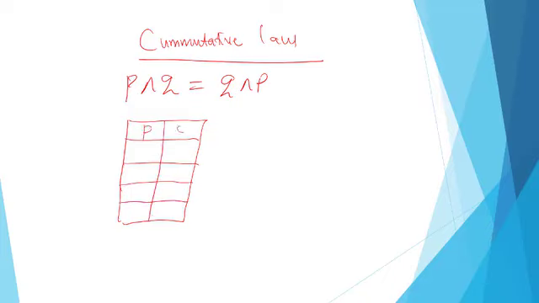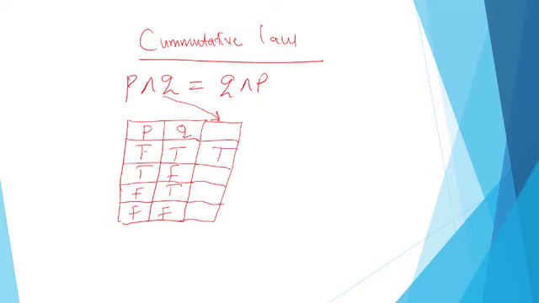We have Q here. True, true, false, false. True, false, true, false. Now this arc will be a segment for P and Q. Remember, it's only true when they are both true. So let's go. True, true is true. This is the only place. True, false is false, false, true is false, false, false is false.